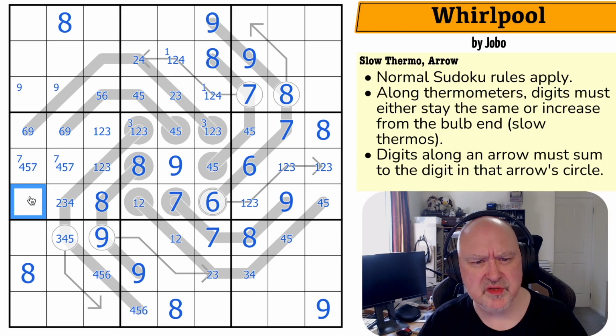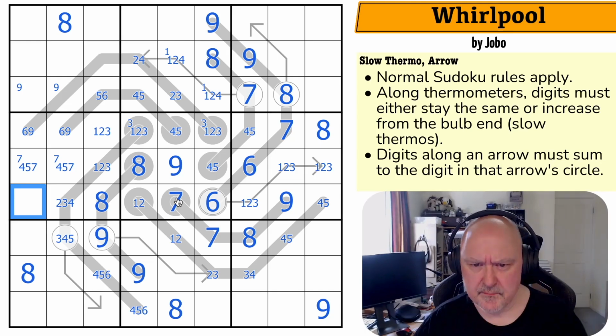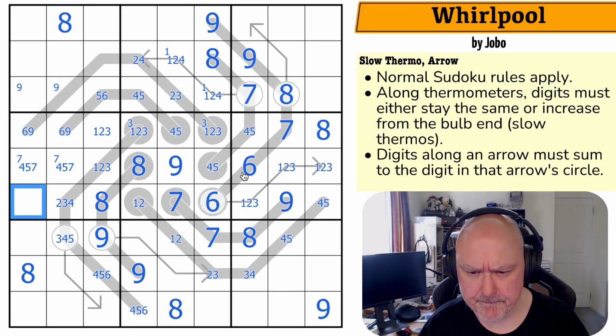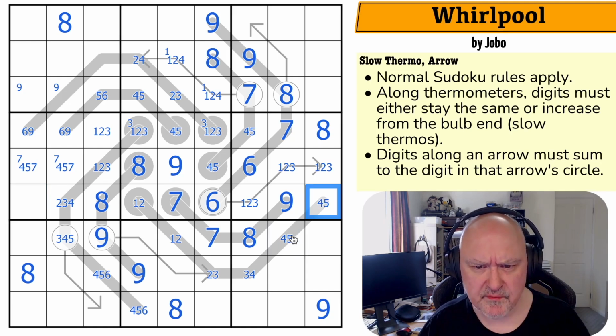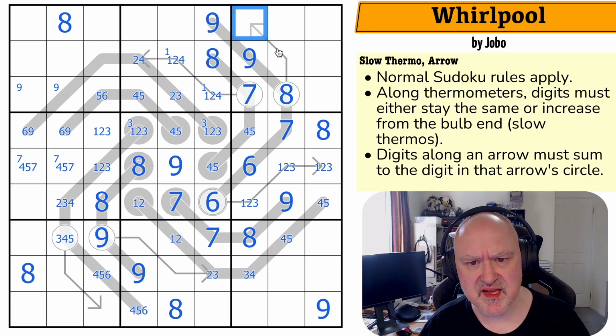This is from 1, 2, 3, 4, 5, and I'm not sure. Okay, I'm definitely missing something. Something will force these to be different. How do I sum to 8 here? I can't use 1, 7. I could use 2, 6 or 3, 5.